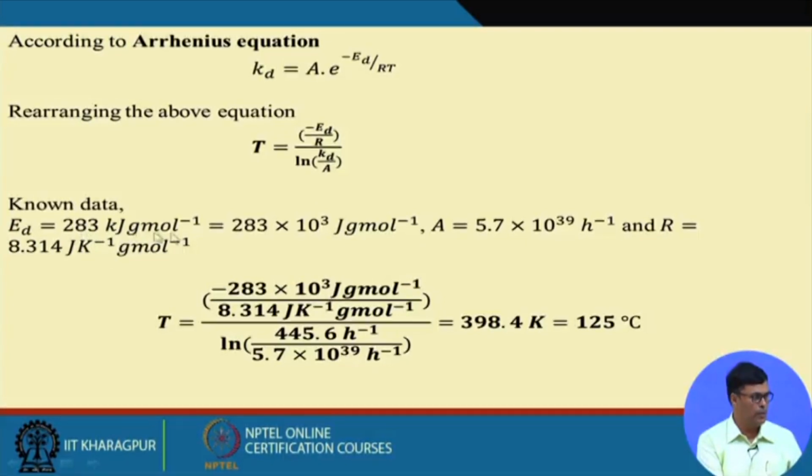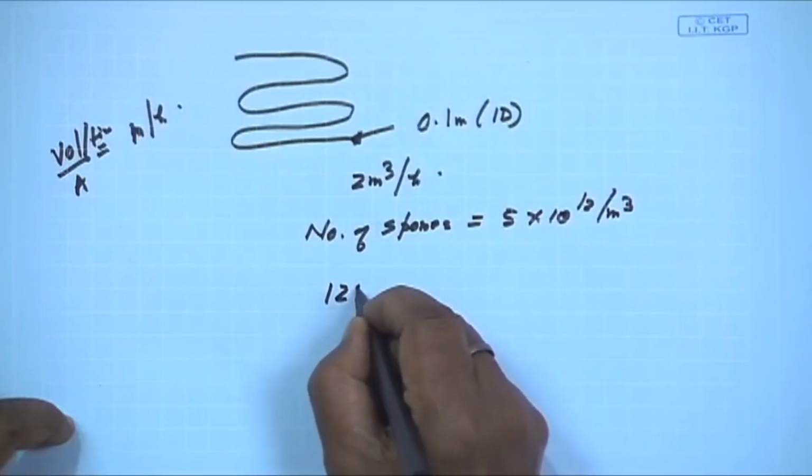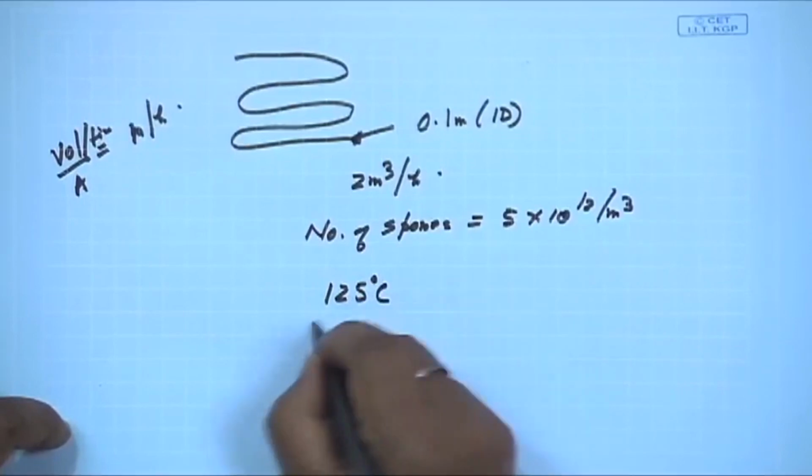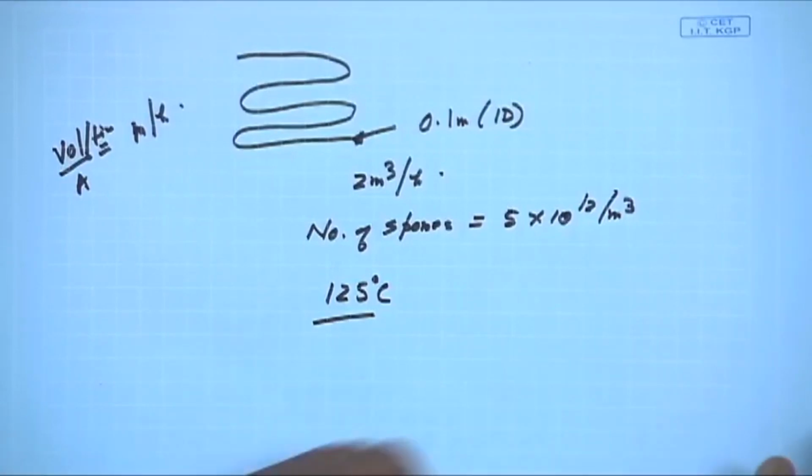The activation energy required for killing the organism is given, the Arrhenius constant is given, and the gas constant we know. Then you put in these values and find the temperature. The sterilization temperature comes about 125 degrees centigrade. So this is how we can calculate the temperature of the medium sterilization.